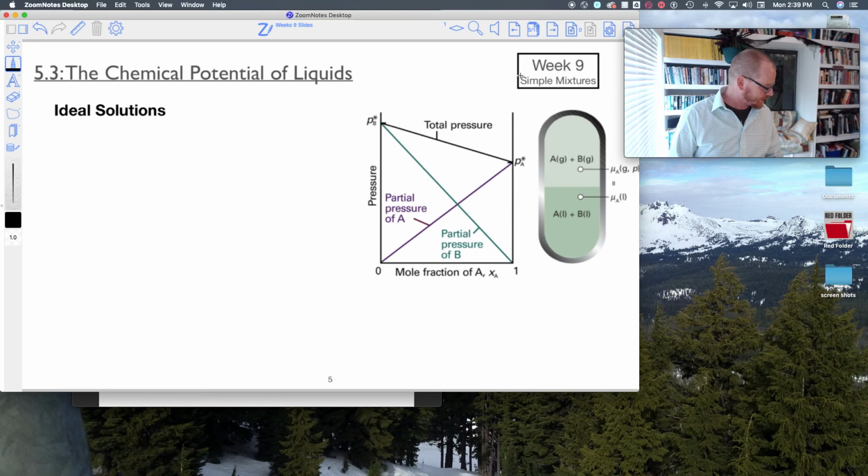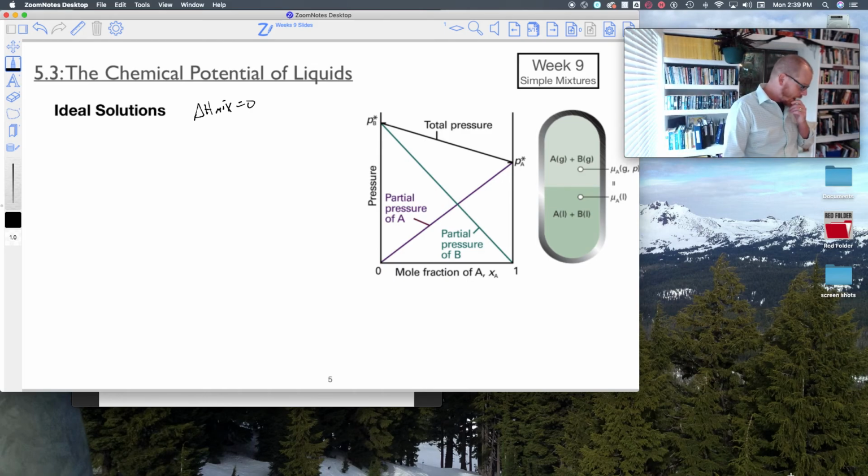Which again, as I said, is going to create the basis for understanding that delta H of mix must equal 0, okay? But also, what about what happens to the vapor pressures and other partial quantities when we do this mixture, okay?